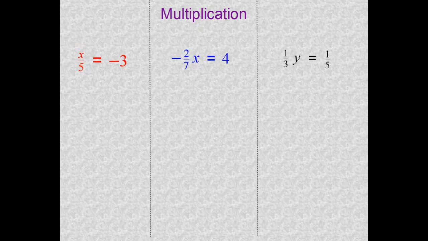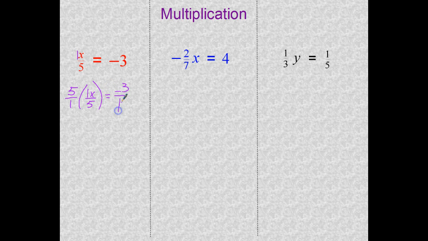So let's clear that off. We know that there's a 1 touching the x. It's invisible. And in order to get rid of a fraction touching a variable, you multiply both sides by the reciprocal of that fraction. So the reciprocal of 1/5 is 5, or 5/1. And if you do that to the left side, you also do that to the right side.